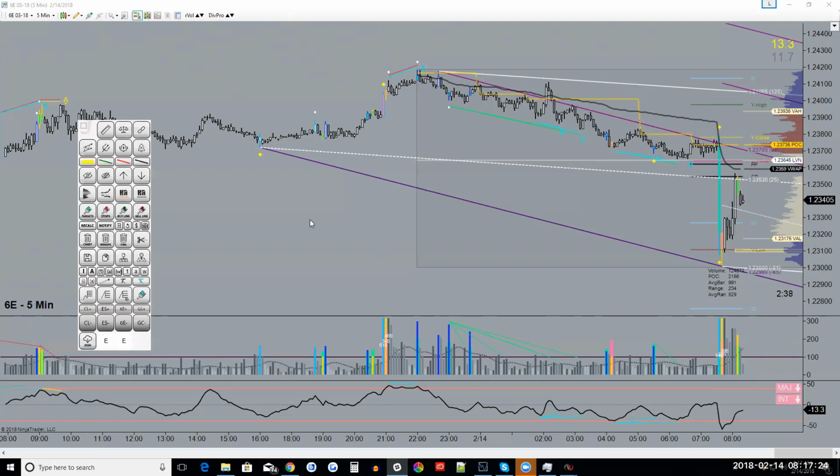I'd actually been looking for a back test of 1322s, but I guess that report would have kept me off that long. So it pushed right through that all the way down to what, 18.